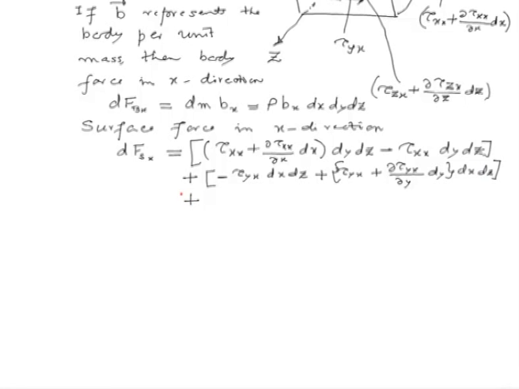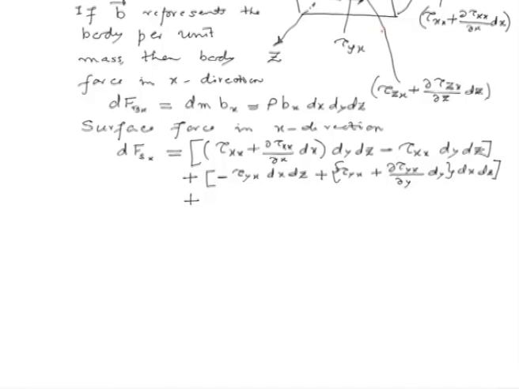The last term would be the contribution from the shear stress on z planes. On the negative z plane we have minus tau zx dx dy, and on the positive z plane, multiplying stress by area, we get tau zx plus del tau zx over del z dz times dx dy.